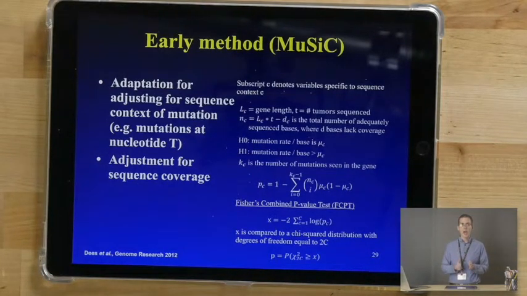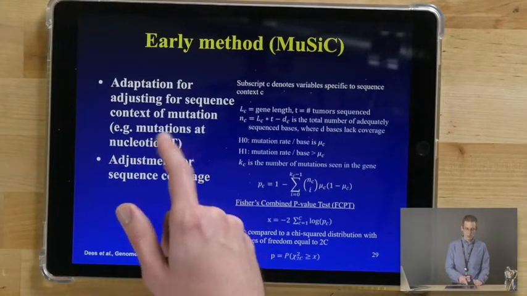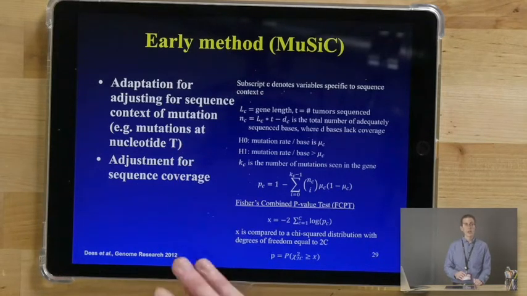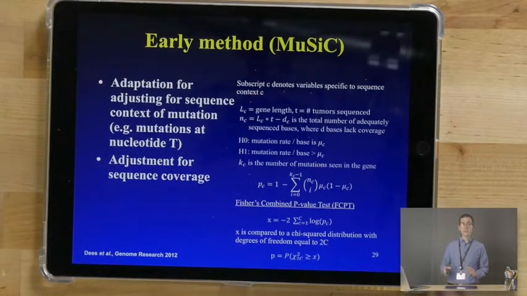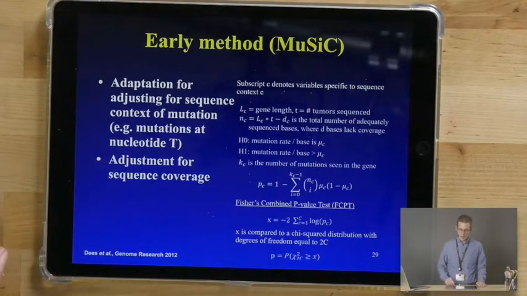So you may have a strand-specific model where you model the mutation rate of bases that are T's, A's, C's and G's, knowing that perhaps they're different from one another, and you're trying to account for these differences. And that's shown here by the updated equations.